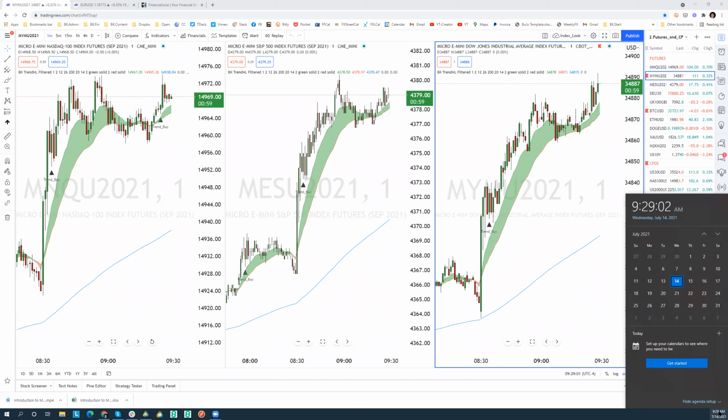The key thing is everybody's looking to see if they're actually going to taper the QE, and if they do, that's obviously a very bullish move.